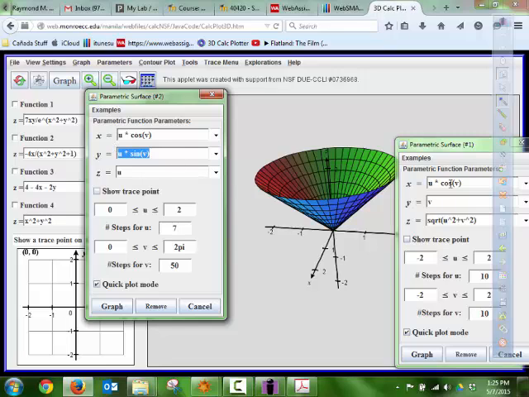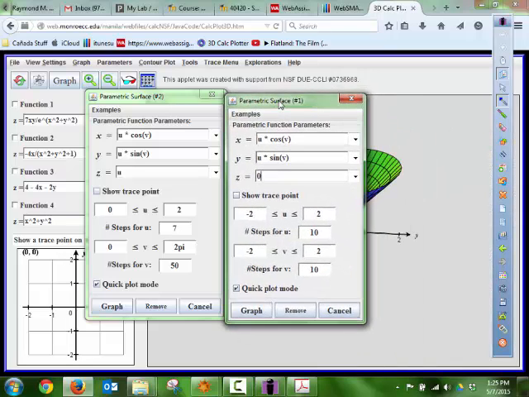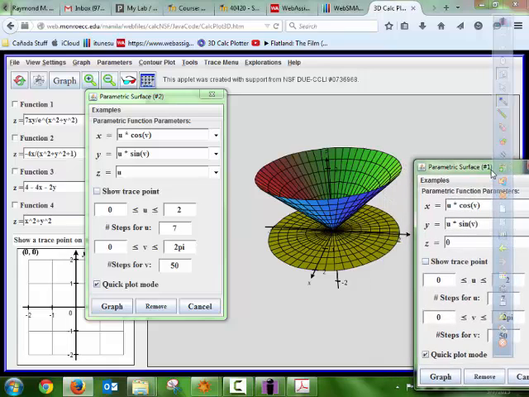So if we take that same parameterization and just put a 0 here, and we have to make sure that we're matching with the limits for the U's and V's and stuff. And then we'll see that shadow on the XY plane.